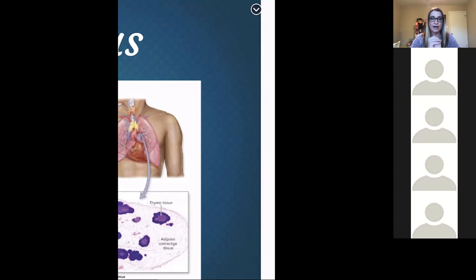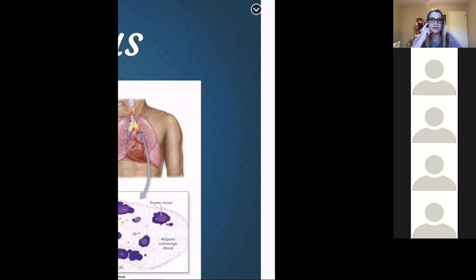When you look at the microscope slides of the child's thymus versus an adult's thymus, you see that the child's thymus is very purple. All that purple stuff is the thymic tissue. On the adult's thymus, you see just a little bit of purple, and then the rest of it is whitish, and that's the adipose tissue.